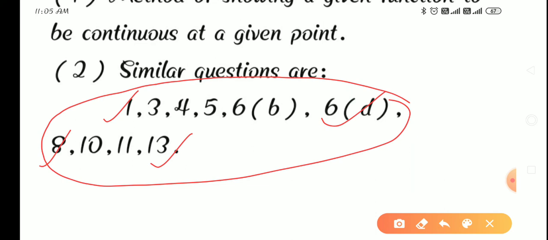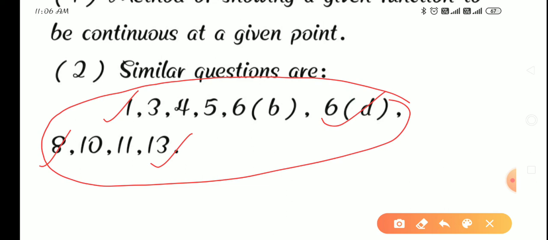After seeing this video and all the questions I explained in it, you can 100% do the remaining questions which I have mentioned here: 3, 4, 5, 6b, 10, 11. These questions you can do 100%, because these are quite the same as the questions which I have taken.